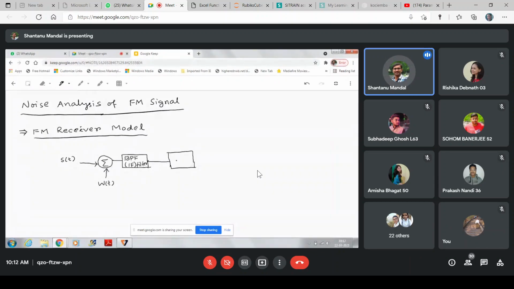Why is the limiter circuit used? To remove the amplitude fluctuation of the FM received signal, because in FM the amplitude should be constant, but the frequency or phase should vary.